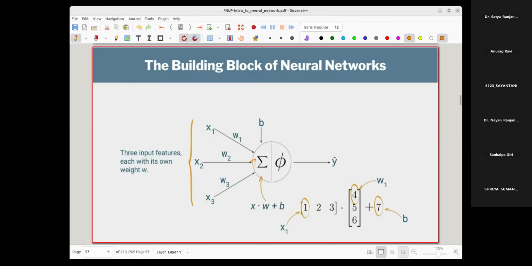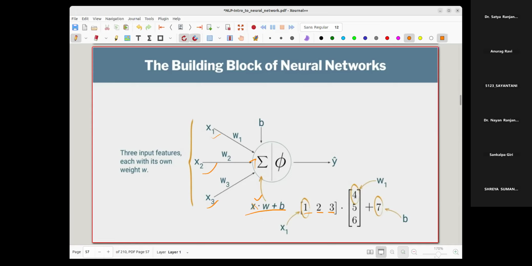This x represents all of x1, x2 and x3. Let's say x1 is 1, x2 is 2, x3 is 3. These three are given in terms of a vector. For representing all the inputs, we generally represent them in a vector x. This is all the input.